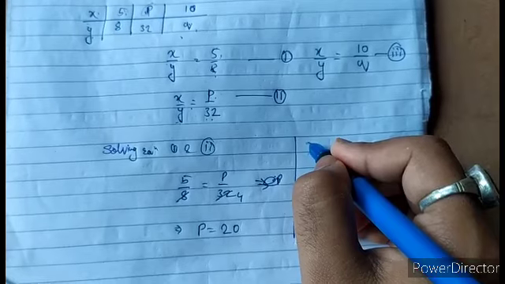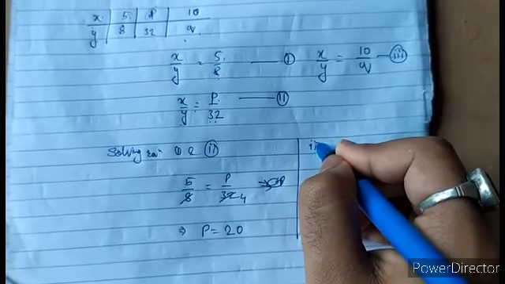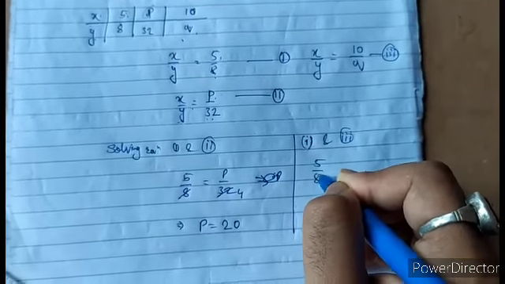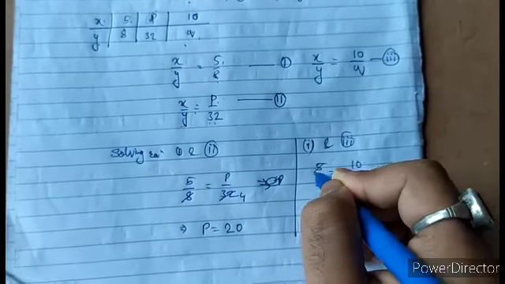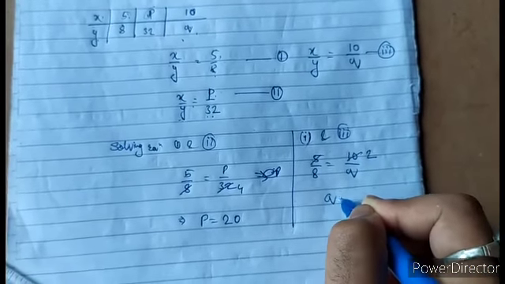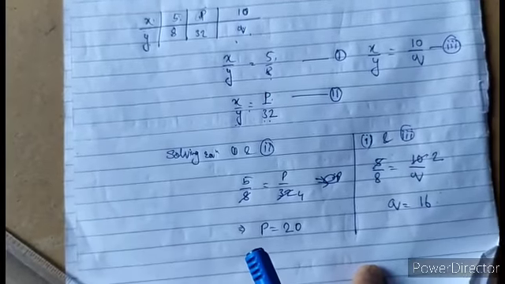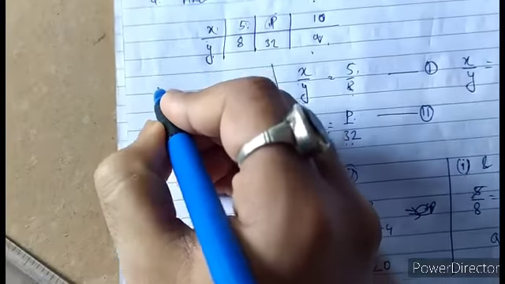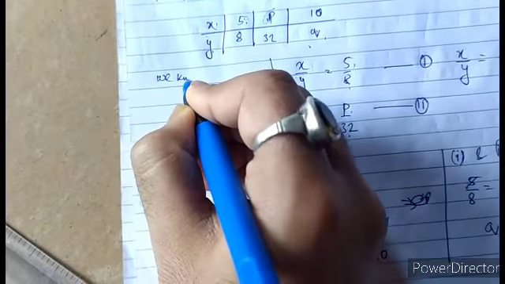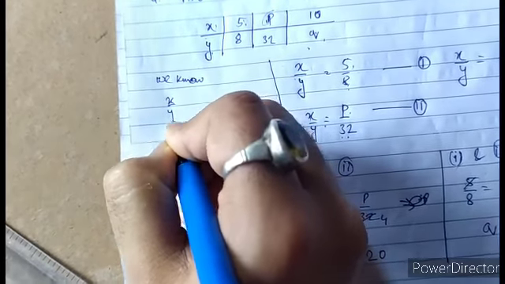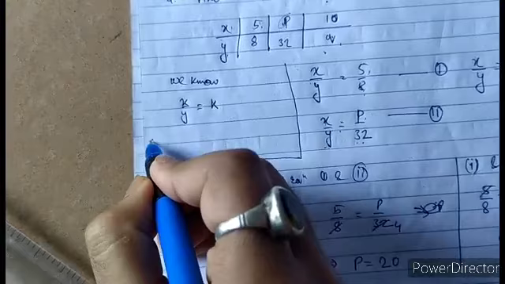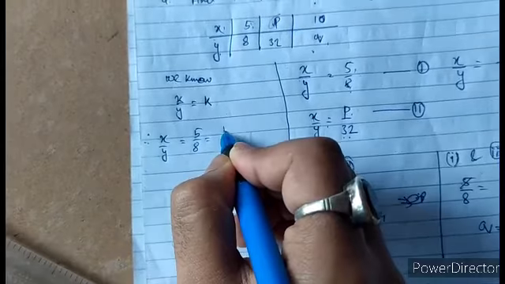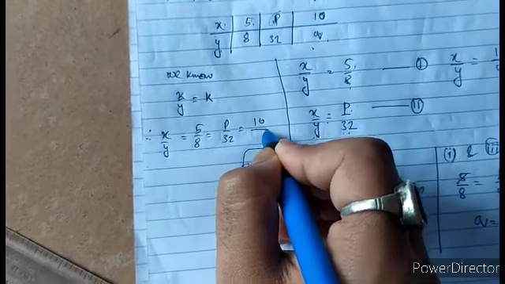Similarly, by taking equation 1 and equation 3, 5 by 8 equals 10 by q. You can do the same thing like this. We know x by y equals constant k. Therefore, x by y equals 5 by 8 equals p by 32 equals 10 by q.